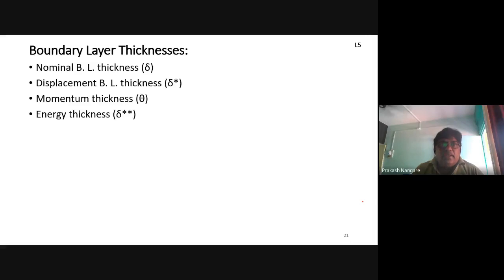Now, about boundary layer thickness, there are important parameters, and questions are always asked in examinations about them: the nominal boundary layer thickness, displacement thickness, momentum thickness, and energy thickness. The nominal boundary layer thickness is denoted by delta, and the others by delta star, theta, and delta double star.